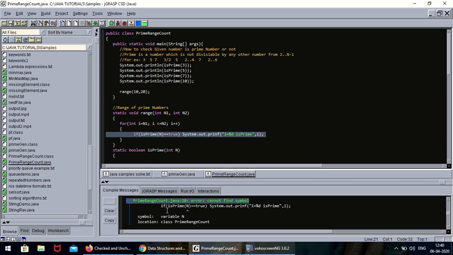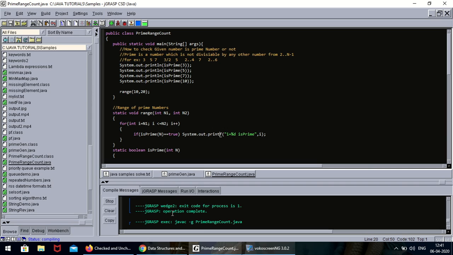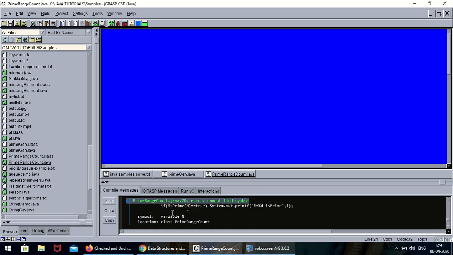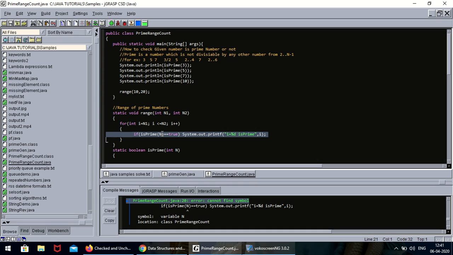There is a problem here. Printf. Let's compile again. Here it shows n, not i. i is supposed to be put.